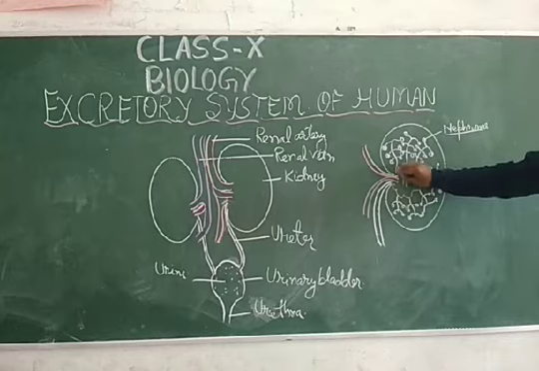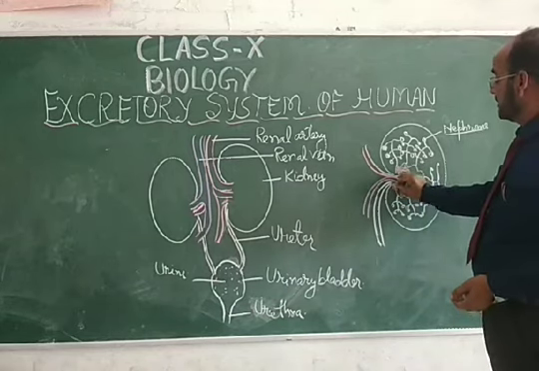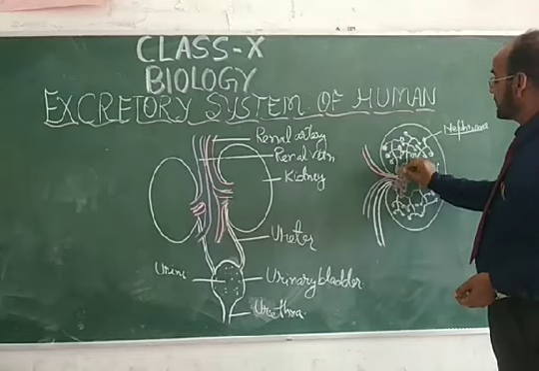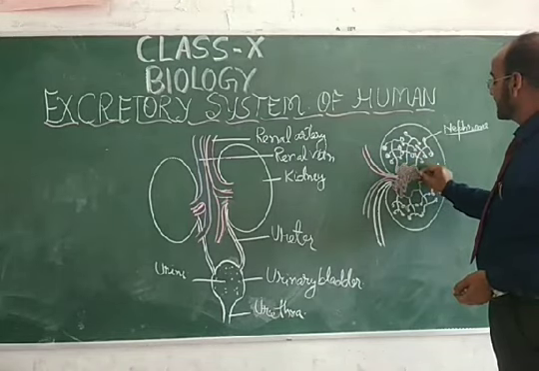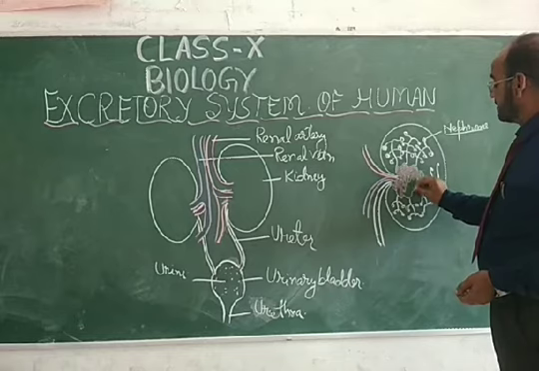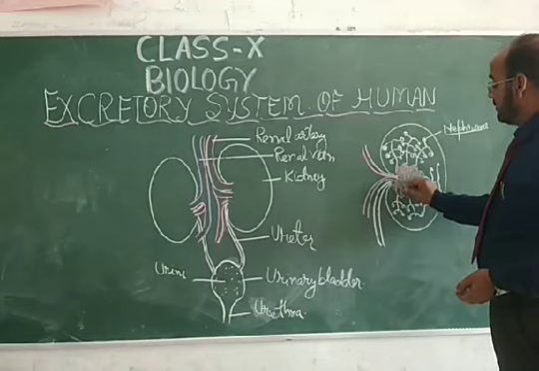The physiological process of the filtration of the blood inside this kidney is called excretion. It means the elimination of nitrogenous waste by the excretory system is called excretion in human. Excretion takes place by sweating also. Excretion takes place by the gaseous system in the lung, which excretes carbon dioxide from the body.